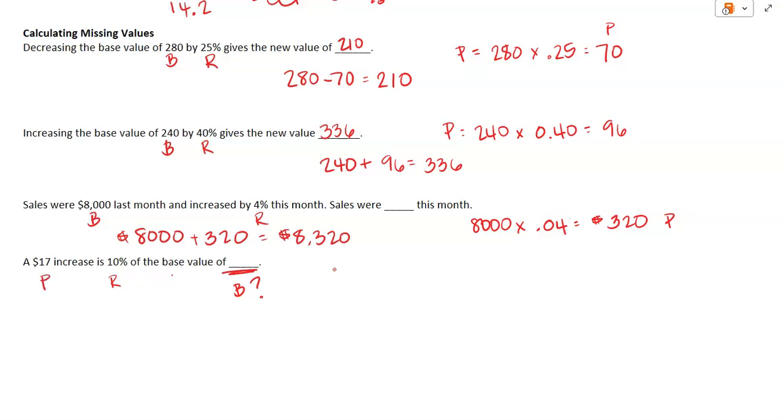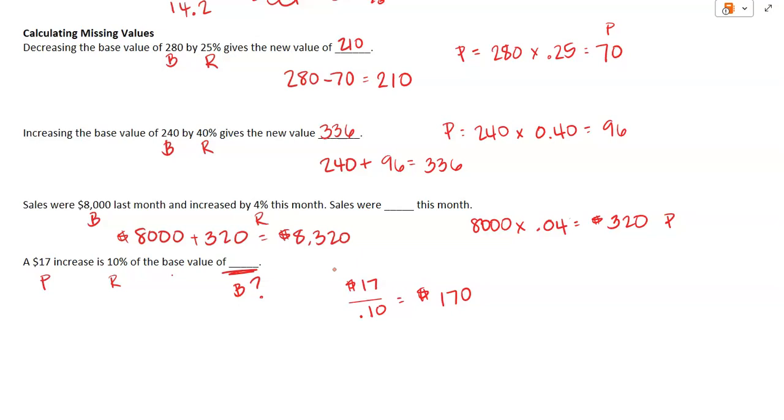And so to find this one, we're simply taking our percentage amount of $17 over our rate. That's equivalent to 0.1 or 0.10. And this gives me a base amount of $170.